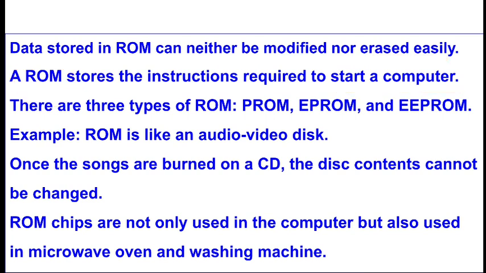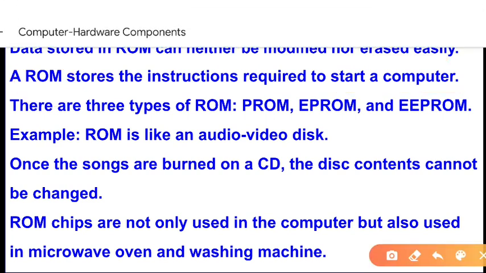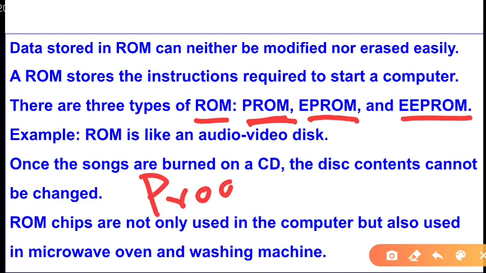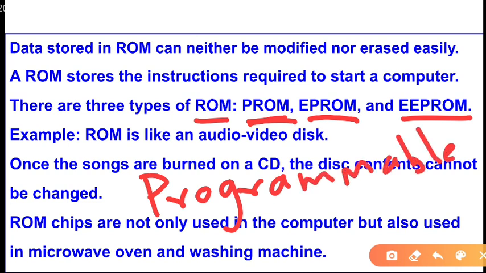Okay, students? Now, there are three types of ROM: PROM, EPROM, and EEPROM. PROM stands for Programmable Read Only Memory.